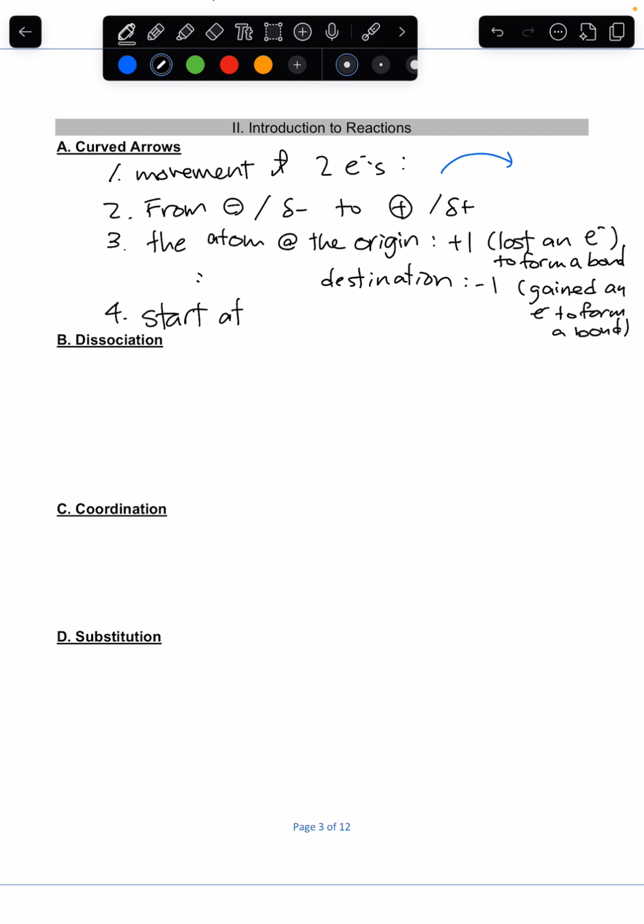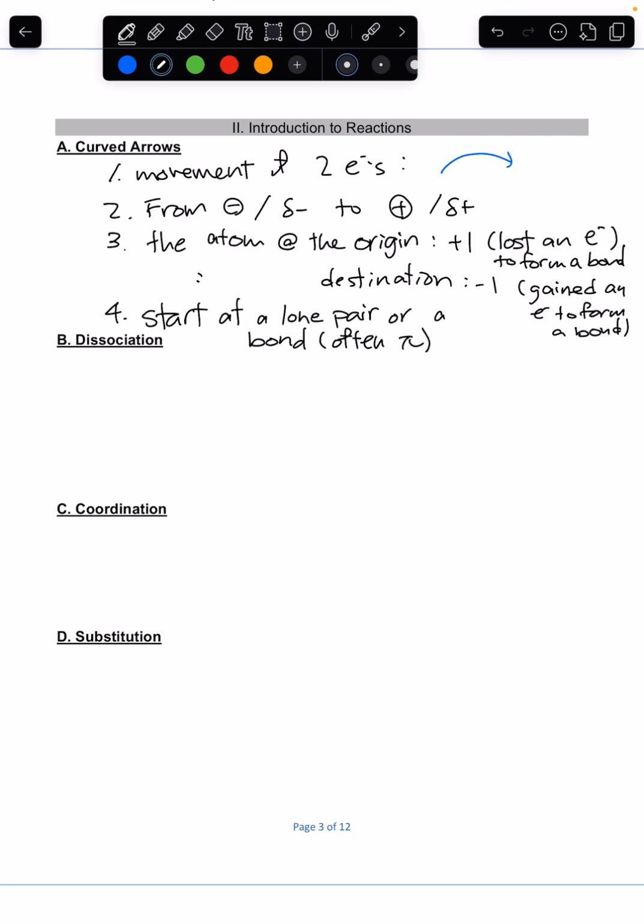So arrows only start at the electrons that are available, a lone pair, or a bond, usually a pi bond, because that's easier to break.